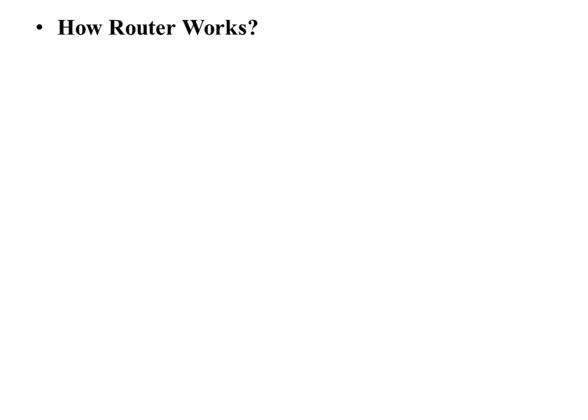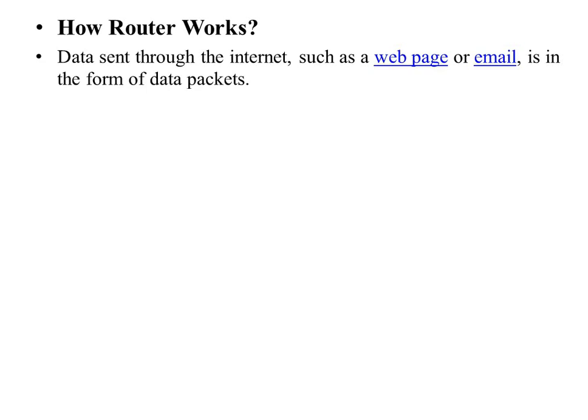How does the router work? Whenever you send data through the internet, for example, when you receive information from a Google page, a web page or an email, it is sent in the form of packets.